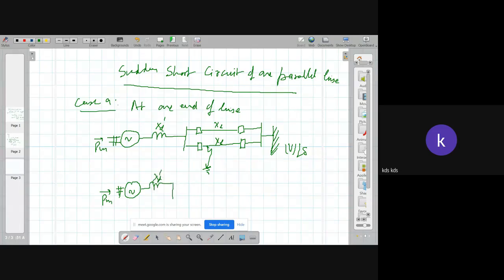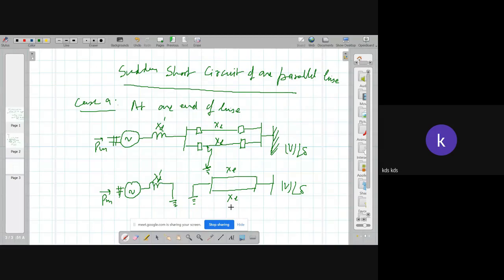This is XT dash, right? So this becomes the equivalent representation of the system, XL. So this gives the condition during fault.